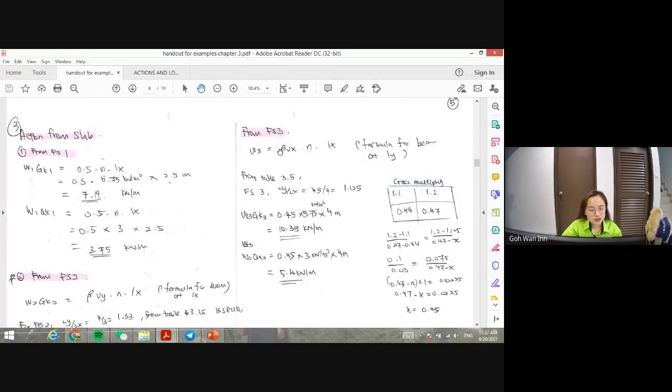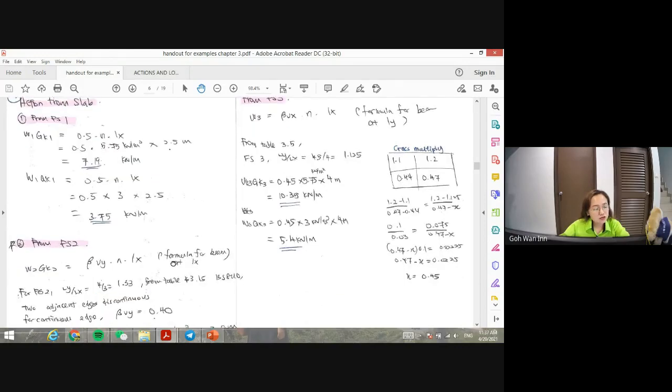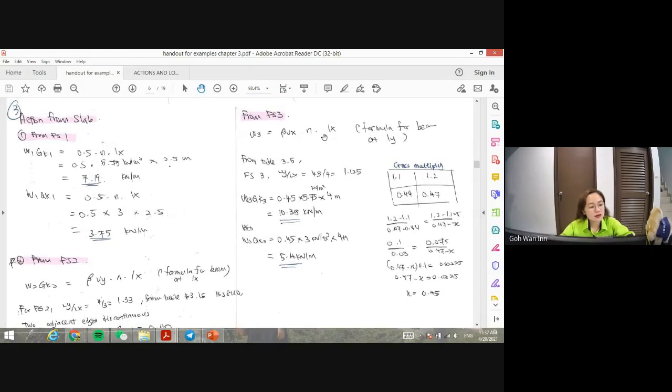For FS3, now you are using vvx, not vby, because it depends on whether you need Ly or Lx. So here is the formula for the beam at Ly, vvy times n times Lx. I like to do this using my own handwriting, even though my handwriting is not very beautiful. I hope you're okay with my very bad handwriting.